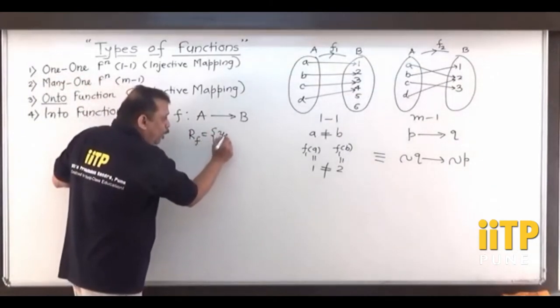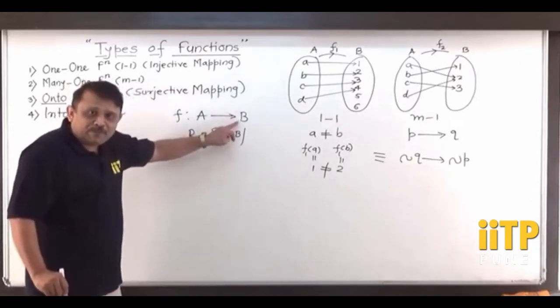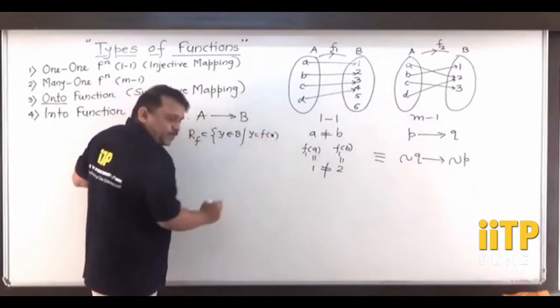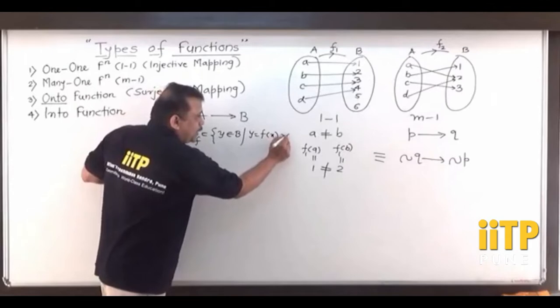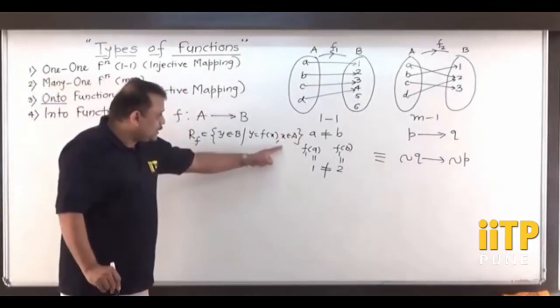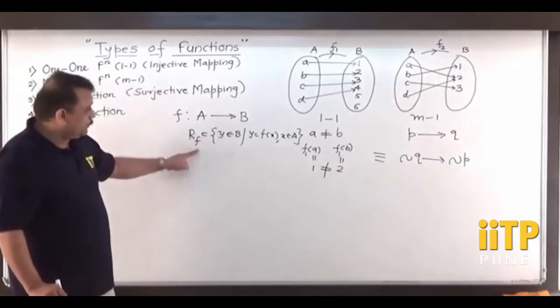It is the set of all those y belonging to B, I am collecting members of B, such that they are related with x under the function f, where x comes from the set capital A. Such a set is called the range of the function.